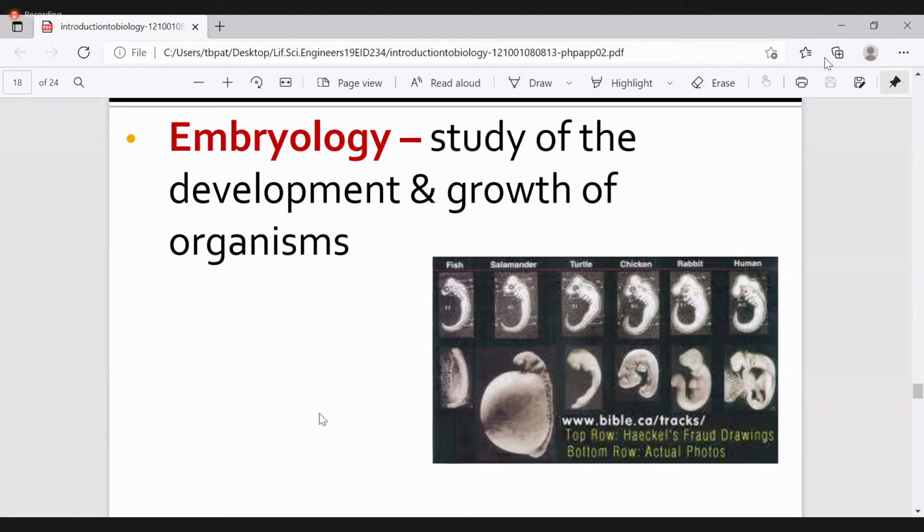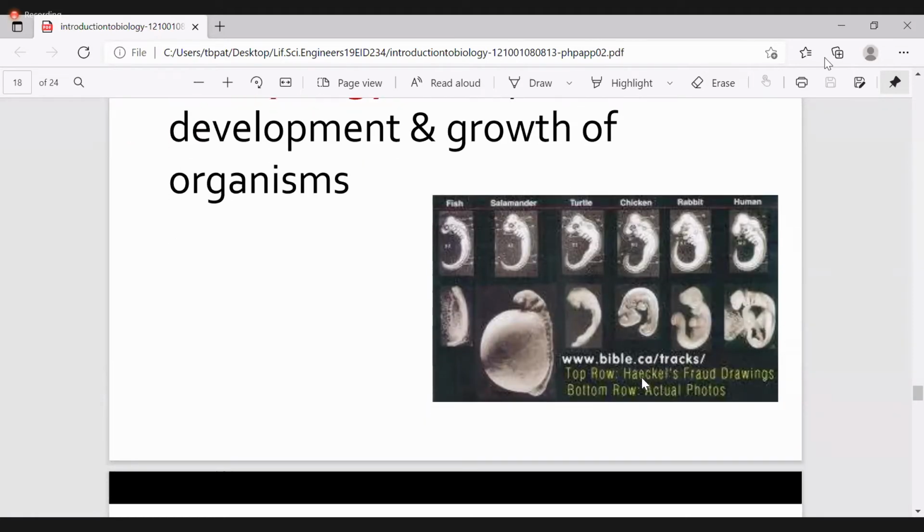The human is 9 months. The cow is 10 months. The tiger is 11 months. The goats and sheep are within 6 months. The rabbit's embryological development is 90 days. Like that.